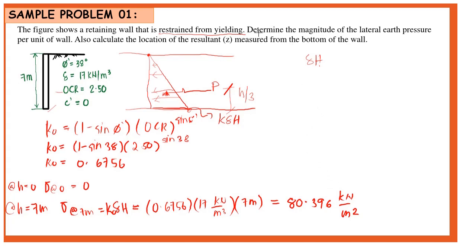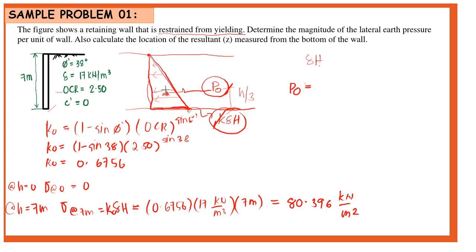Okay, so now we can solve for our magnitude of lateral earth pressure per unit of wall. We have this value, so this will be our resultant pressure. So our P0 here, or the magnitude of our lateral earth pressure per unit of wall, is equal to the area of this triangle.